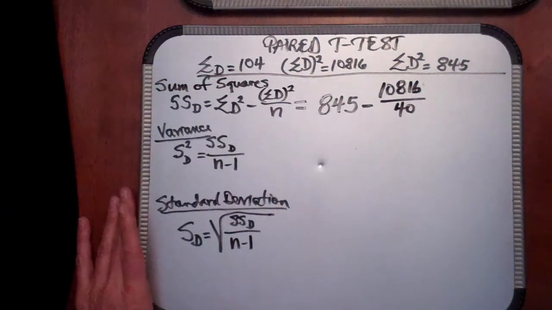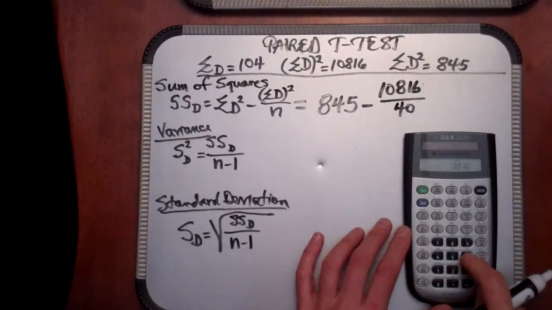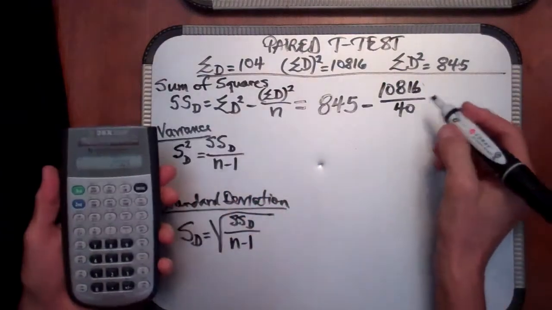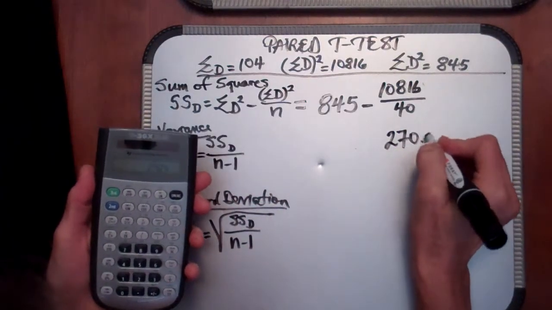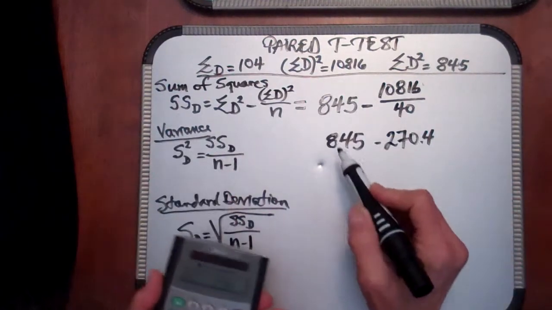So let's get our calculator. So if you take 10,816 divided by 40, you get a value of 270.4. Right?